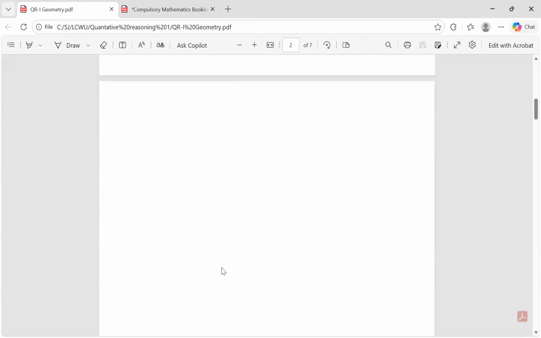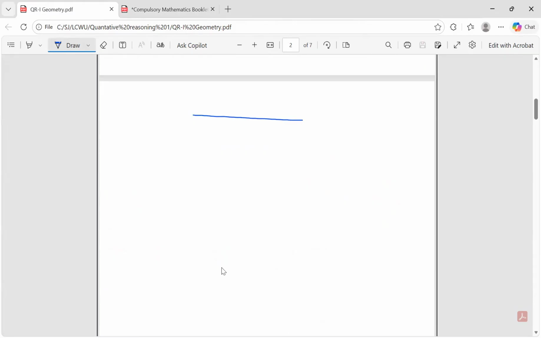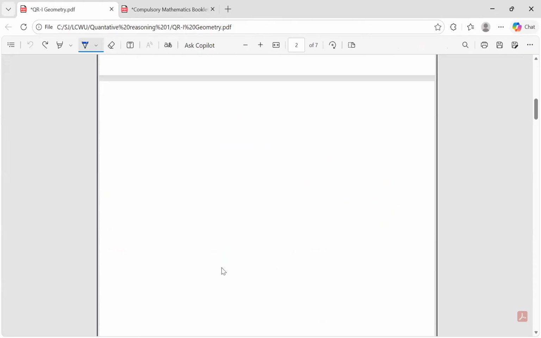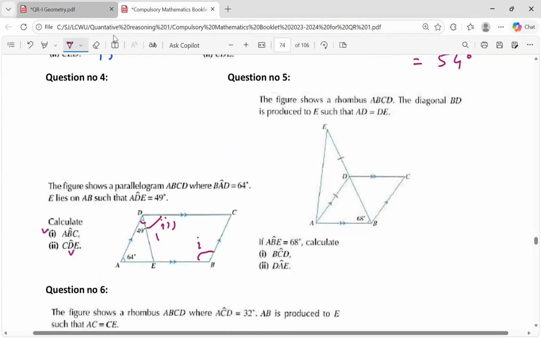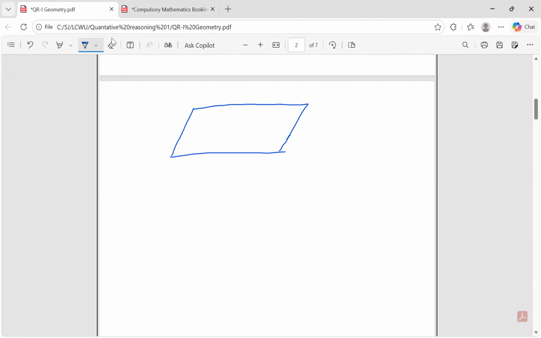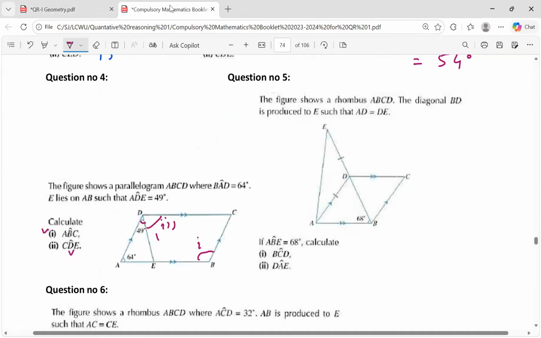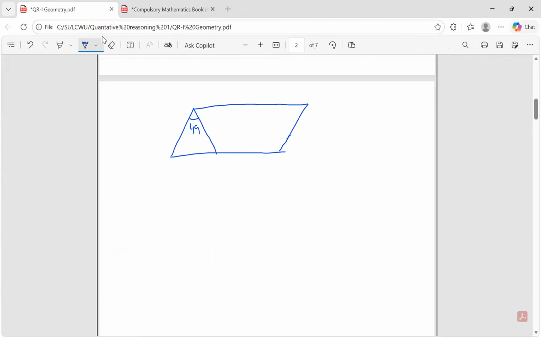So let's draw the parallelogram again. You are given the parallelogram, let's draw it a bit big. This angle is 49 degrees and the other angle is 64 degrees.